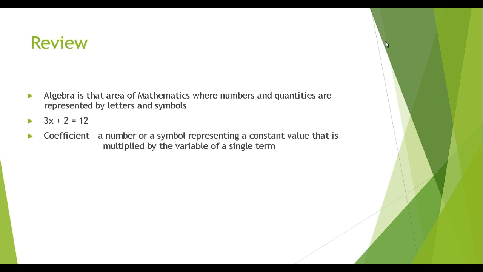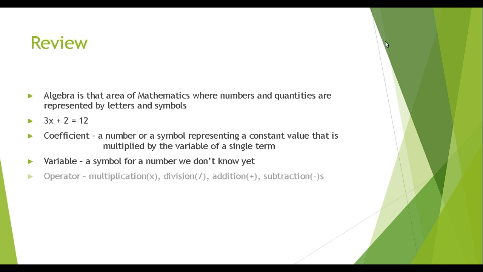Remember that your coefficient is a number or symbol representing a constant value that is multiplied by the variable of a single term. Your variable is a symbol for a number we don't know yet. Operator: multiplication, division, addition, or subtraction. And a constant is a fixed value.